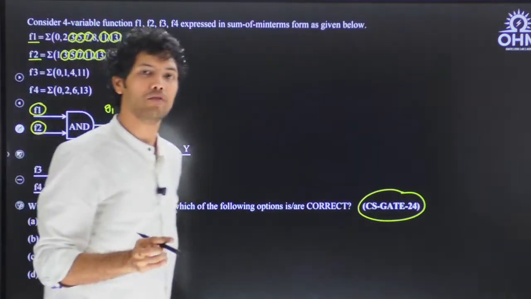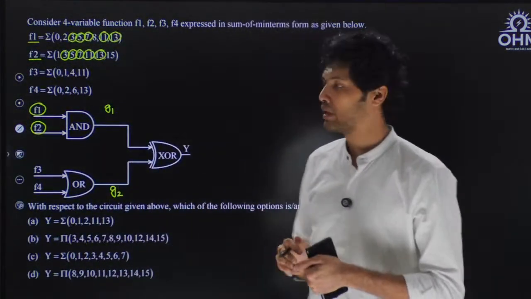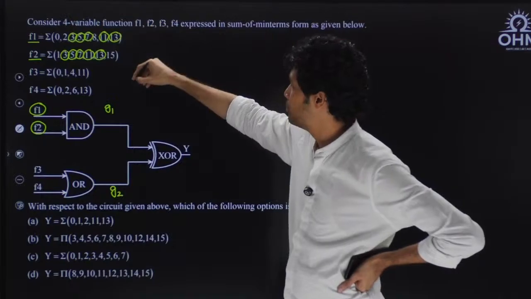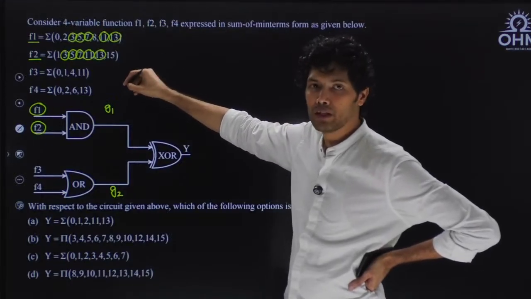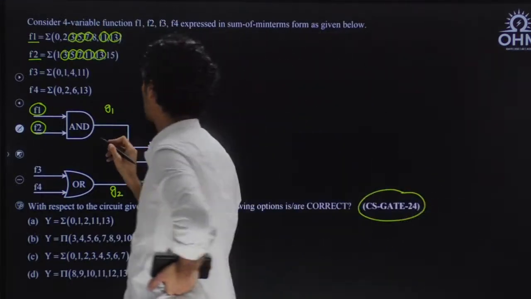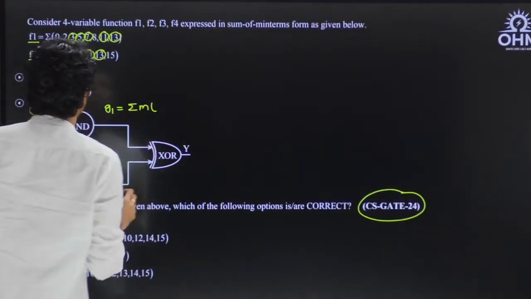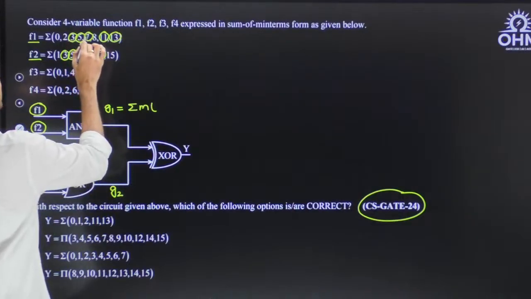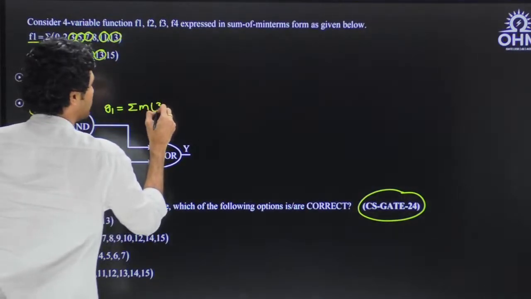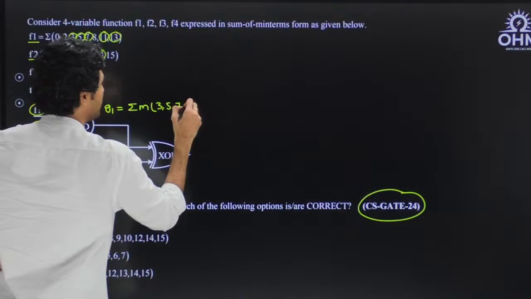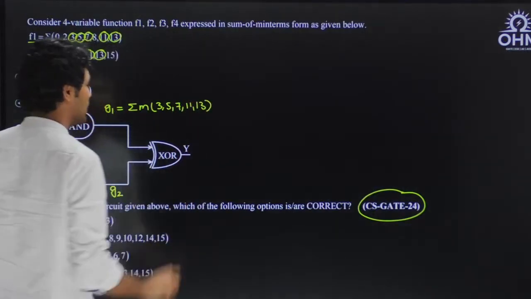So you have taken the intersection of minterms, and that becomes the minterms of the output. So G1 is equal to sigma minterms 3, 5, 7, 11, 13.